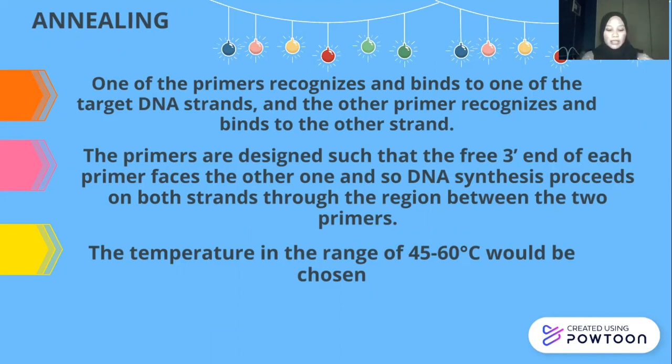For the cool temperature, we must use 55 Celsius. So the primer in the PCR tube can bind to the target sequence on the single strand of DNA. The primer sequence matches the starting points. So as the result of the annealing, we can get 4 single strands of DNA.